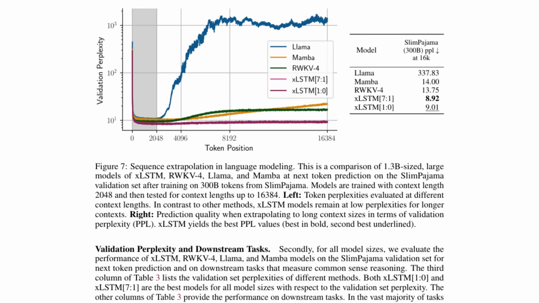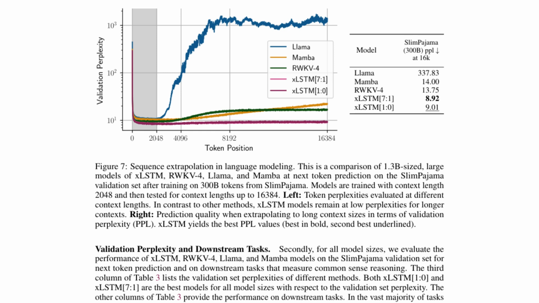Figure 7. Sequence extrapolation in language modeling. This is a comparison of 1.3 billion sized large models of xLSTM, RWKV4, Llama, and Mamba at next token prediction on the SlimPajama validation set after training on 300 billion tokens from SlimPajama. Models are trained with context length 2048 and then tested for context lengths up to 16,384.